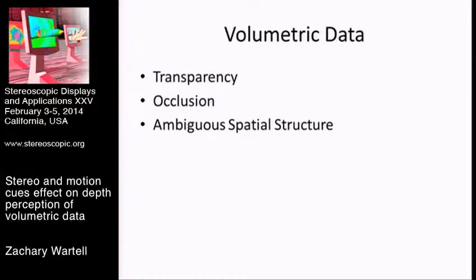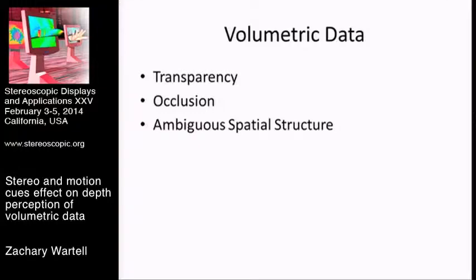If you compare this to visualizing and interacting with surface data sets using 3D interaction techniques, you have additional complexities with volume data. You have multiple, possibly arbitrary numbers of layers of transparency, and a lot of different occlusion depending on the opacity function applied to the volume rendering, which leads to ambiguous spatial data structure.